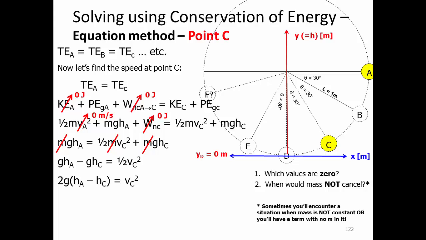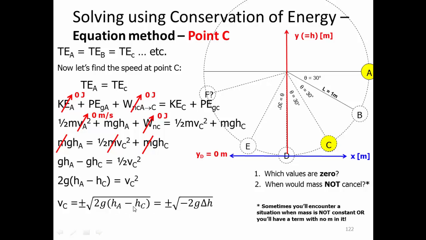If I collect all my gravitational components over to the left side, you see I already shifted this over. I multiplied by 2. I factored out a common g for both of these, and I have 2g times my height at A minus the height of C equals VC squared. Now this looks very close to what we call delta H. But delta H, when we solve for VC here, is actually my final minus my initial, HC minus HA.